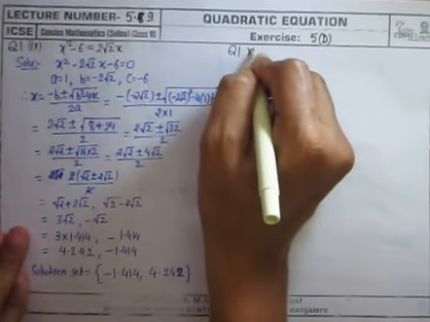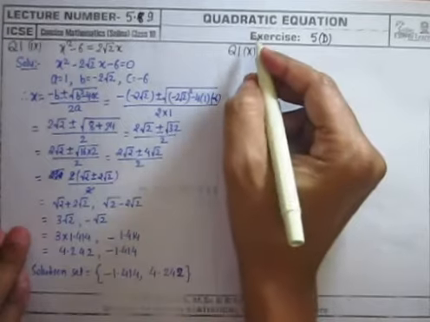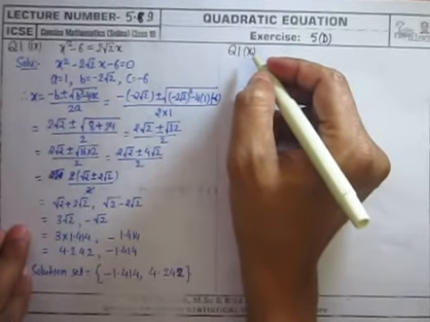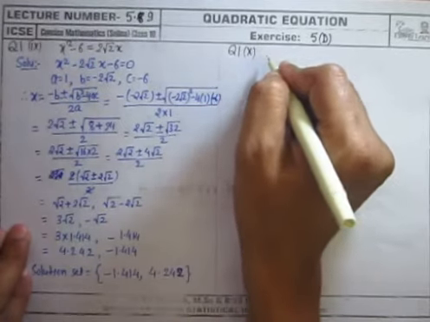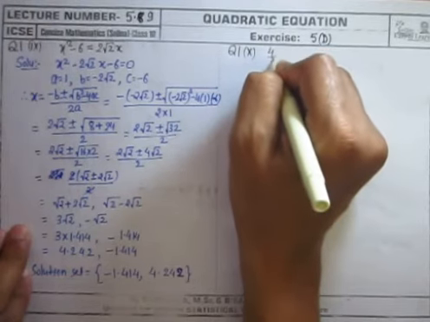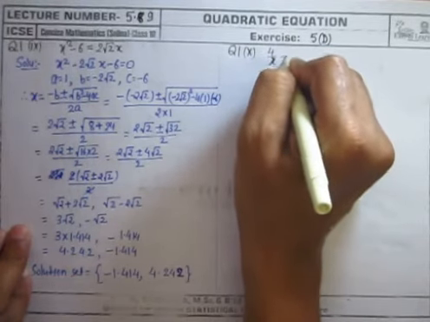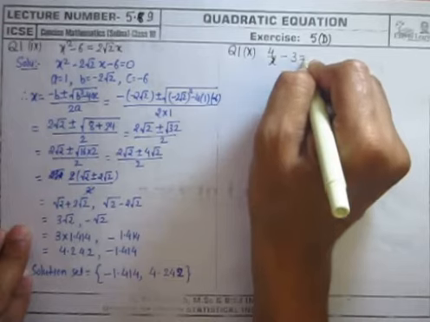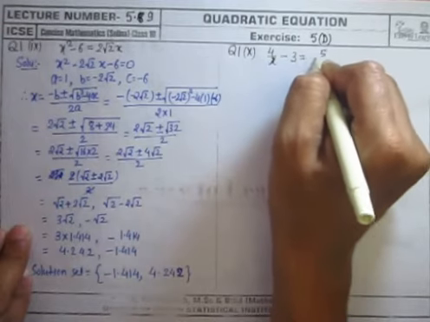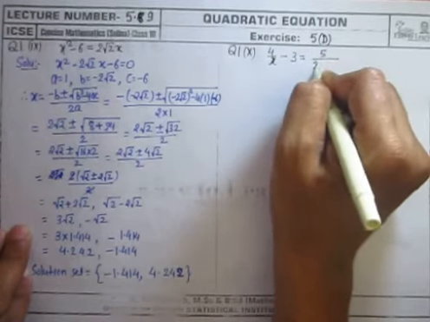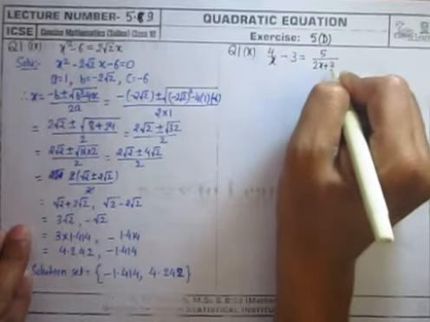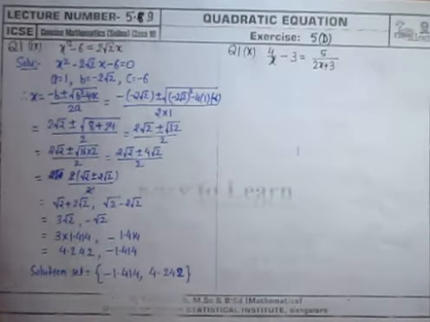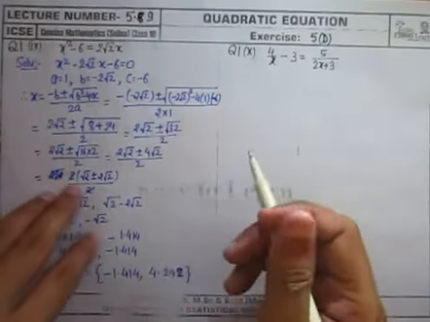Now question number 1 part 10. So this question is 4 by x minus 3 is equal to 5 by 2x plus 3. Now we have to solve this question.